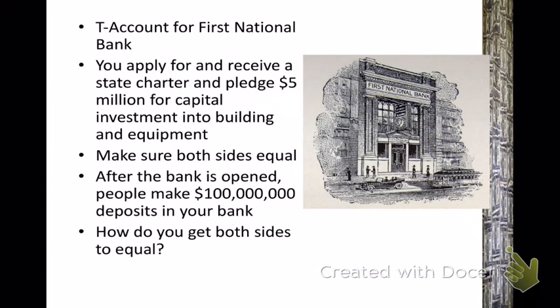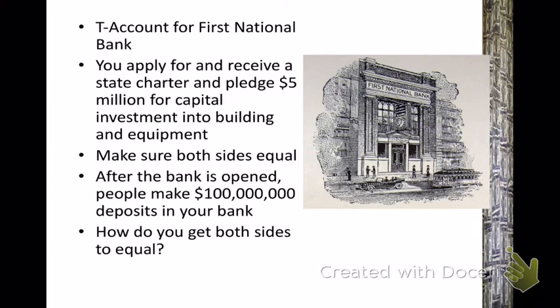And then you can't buy a house for 7 years. All right, so you have $5 million that you actually own in actual physical stuff, the building, the pens, the vault, and all that. And you have the $5 million capital loan that you're going to have to pay back. That's how we get both sides to equal.